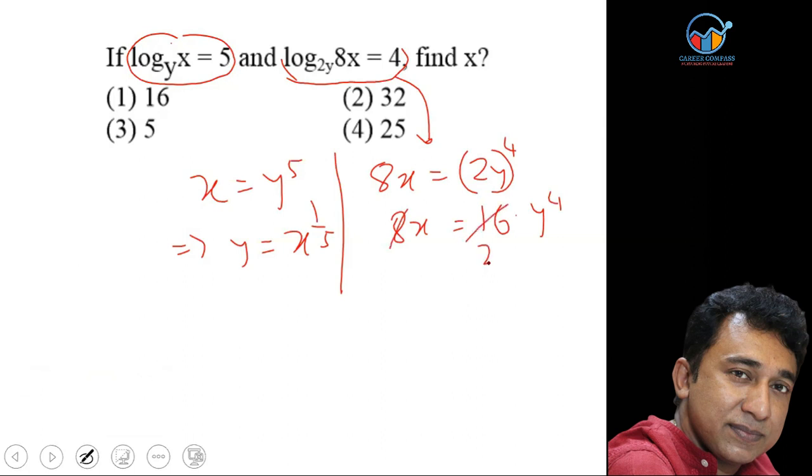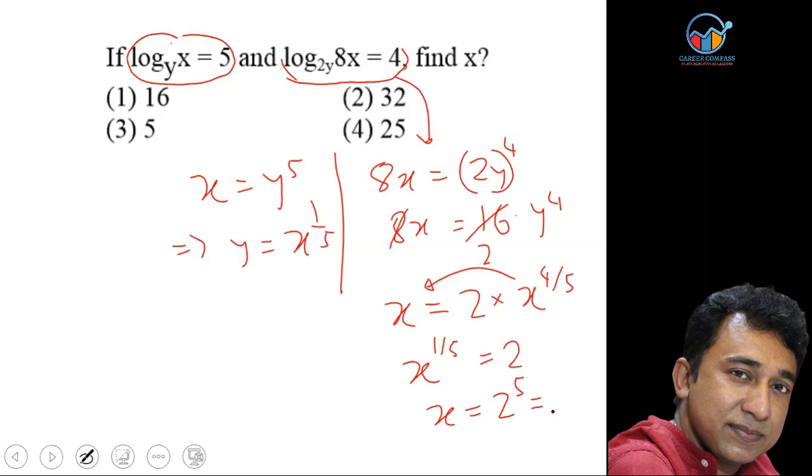So, of course, you have x is equal to 2 times of, now see, this y can be replaced as x to the power 1 by 5. So you can write this as x to the power 4 by 5, right? So this x to the power 4 by 5, if it is brought on the left hand side, the powers will get subtracted. 1 minus 4 by 5 is 1 by 5, that is equal to 2. So x will be 2 to the power 5, which is 32.